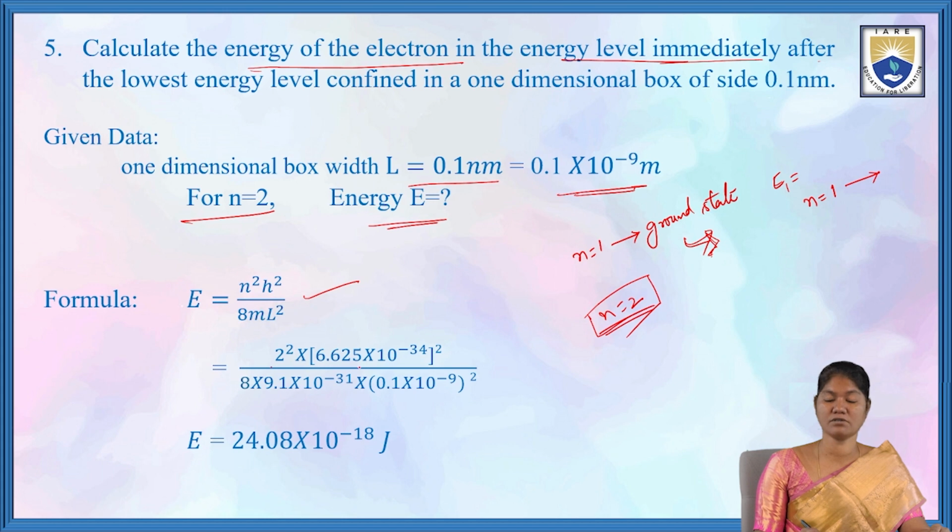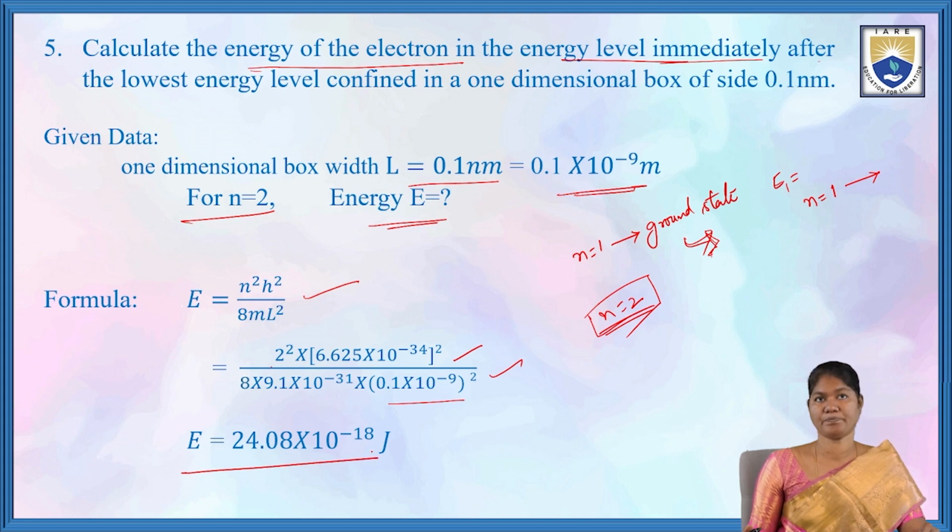So 2 square into 6.625 into 10 power minus 34 whole square divided by 8 into 9.1 into 10 power minus 31 into 0.1 into 10 power minus 9 whole square. So calculating these values, we get the energy of the electron immediately after the lowest energy level: 24.08 into 10 power minus 80 joules.